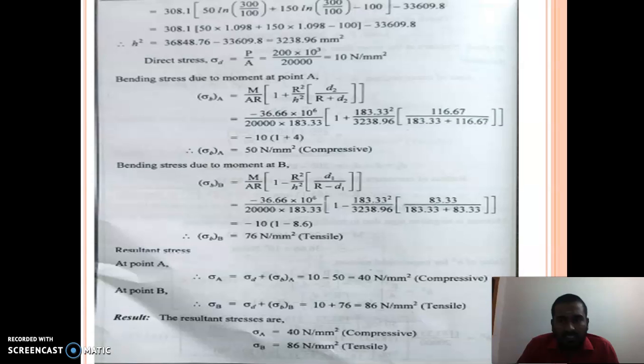In the rectangular section it's very easy. It's a symmetrical section, so you get y by 2 and y by 2. But in a trapezoidal section it will be D1 and D2. If the point where you are calculating the bending stress lies on the outside, you take it as plus, whereas if you calculate the bending stress at a point on the inside of the curve, you take it as negative.